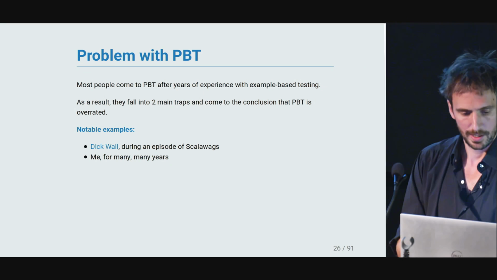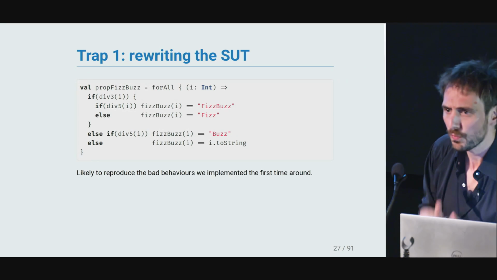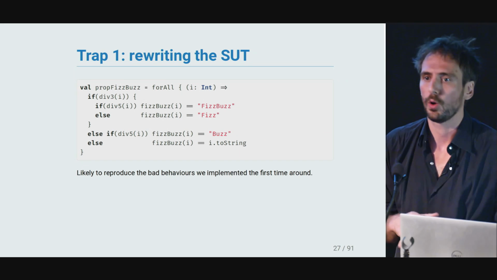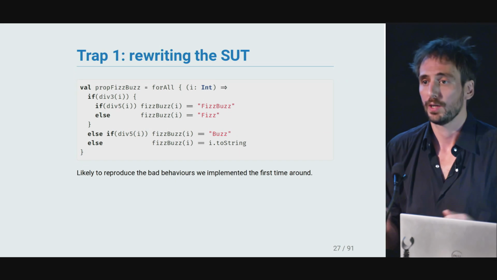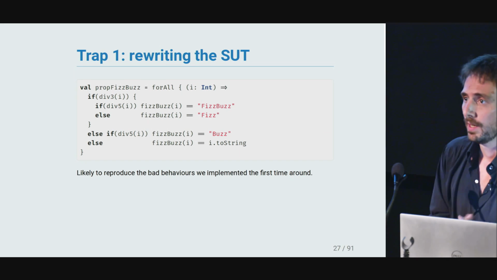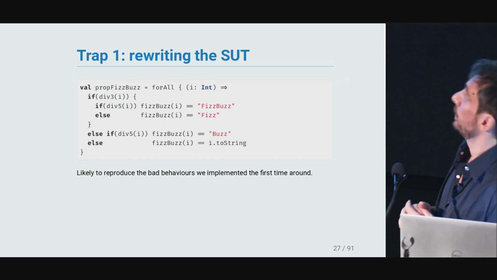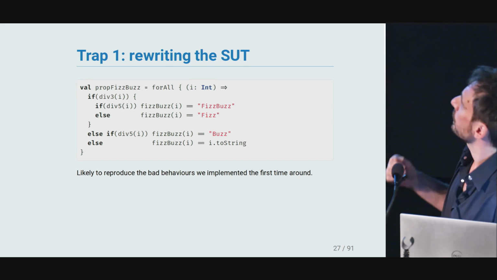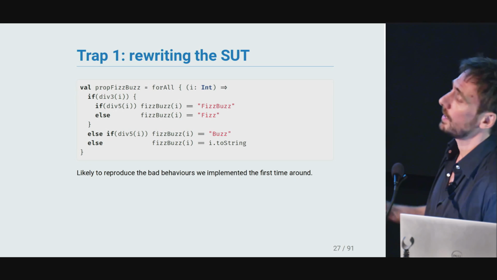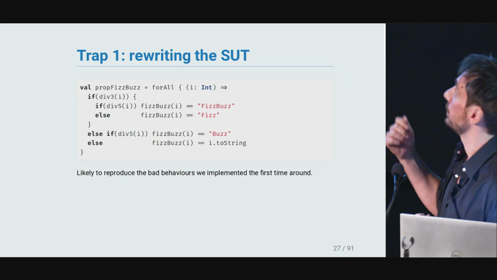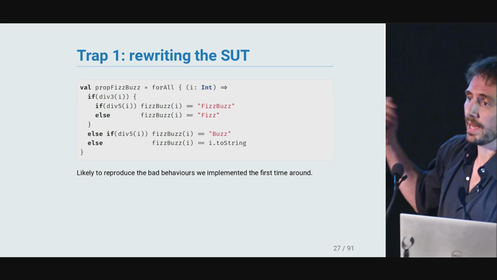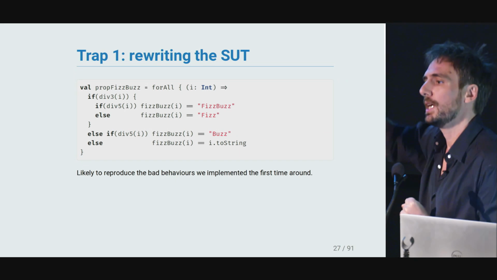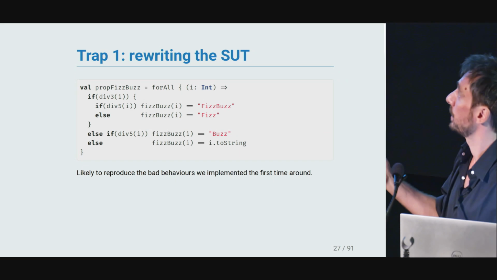So the first trap with property-based testing, which everybody or almost everybody falls into, is you try to rewrite the system under test. So here for FizzBuzz, we've talked about how it worked and how do we test it? Well, intuitively, if you're used to doing example-based testing, you're going to have a random I and re-implement FizzBuzz and make sure that your initial implementation and your new implementation match.